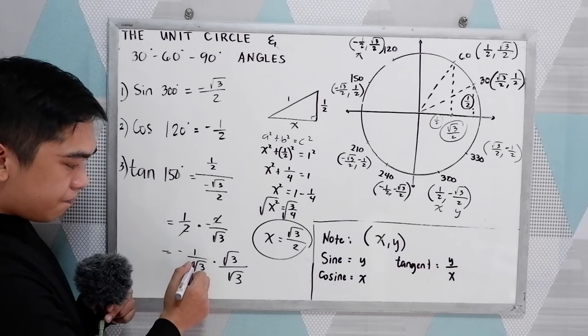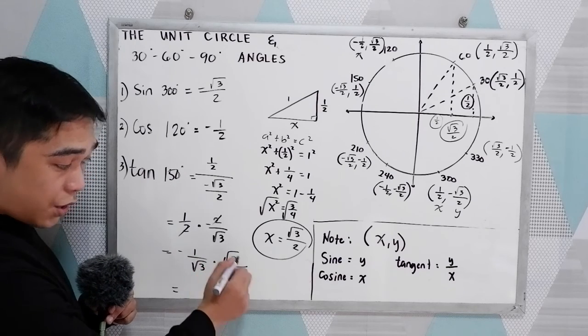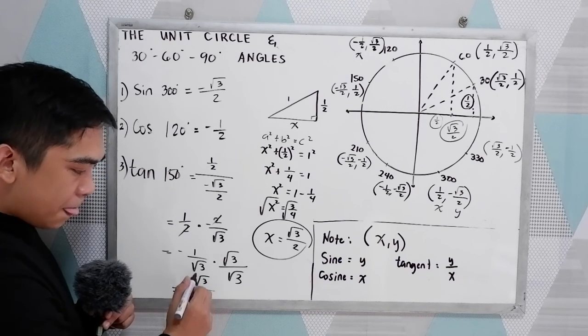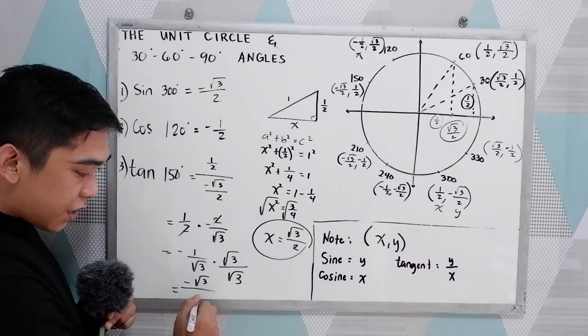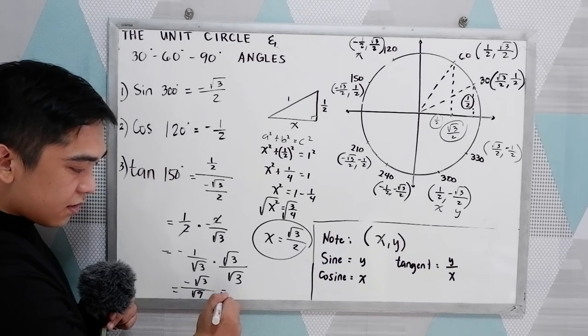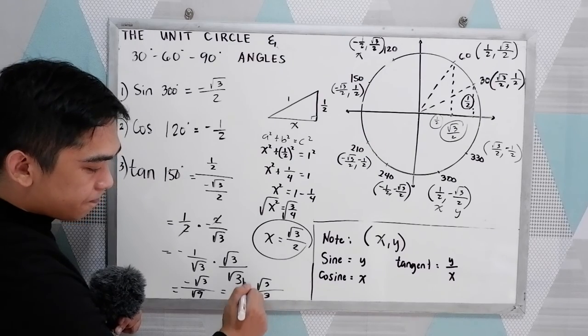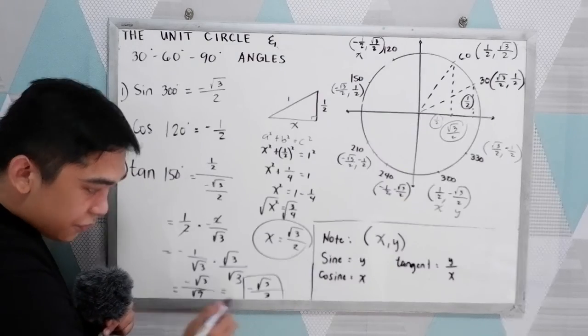Now we have negative 1 times square root of 3, that is negative square root of 3, all over square root of 3 times square root of 3, that is square root of 9. To simplify, we have negative square root of 3 all over 3. Why 3? Because square root of 9 is 3.